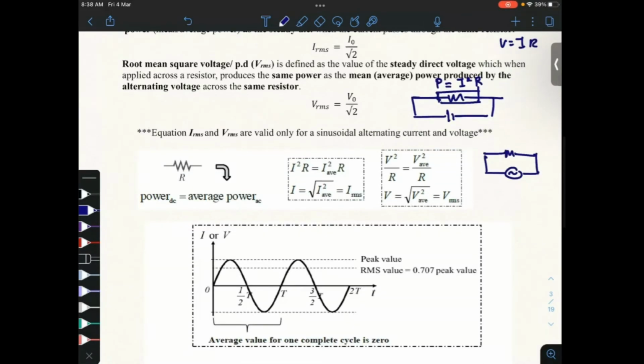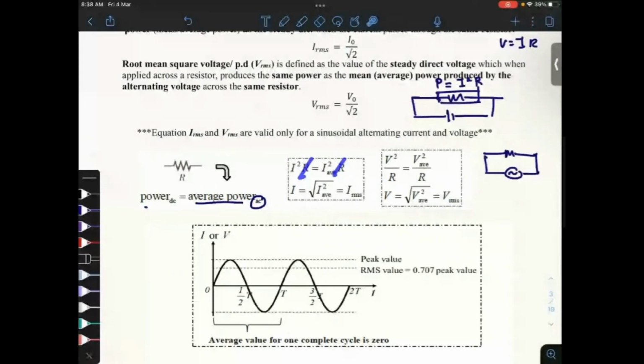Okay, power in the DC adalah I square darab R. Average power in the AC pula, sebab kita cakap average power, dia akan jadi I square average darab dengan R. Since you're using the same resistor, kita akan cancel nilai resistor dekat sini.